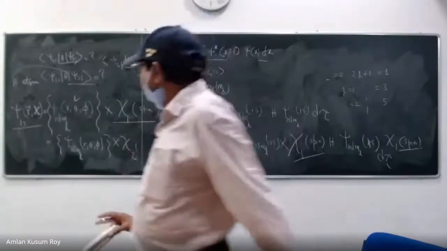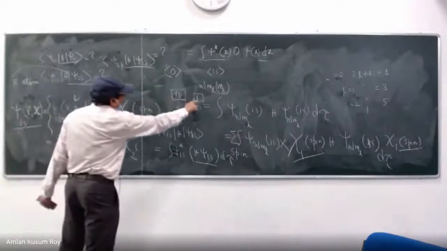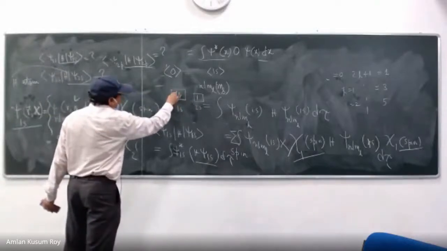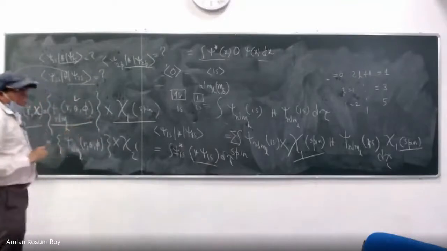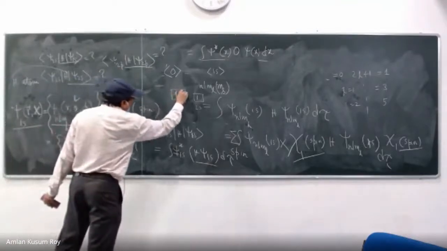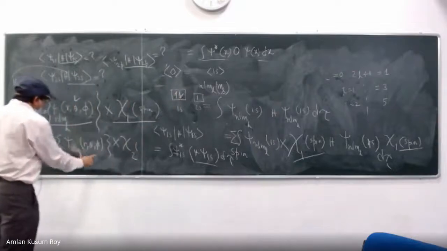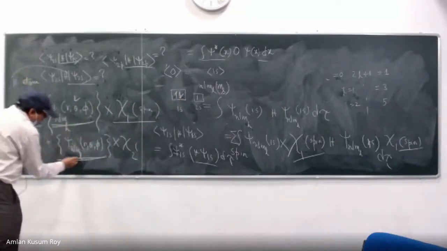So why does it happen? Just like you said that this electron's n, l, m_l quantum numbers are the same, that means the spatial part of the second electron is completely identical.